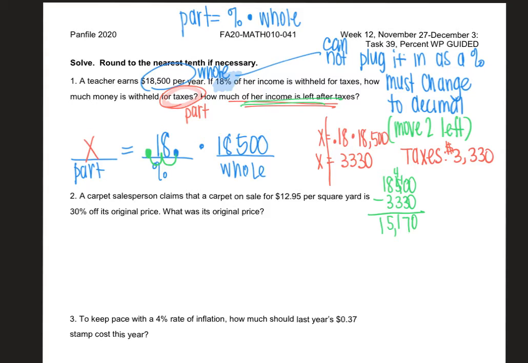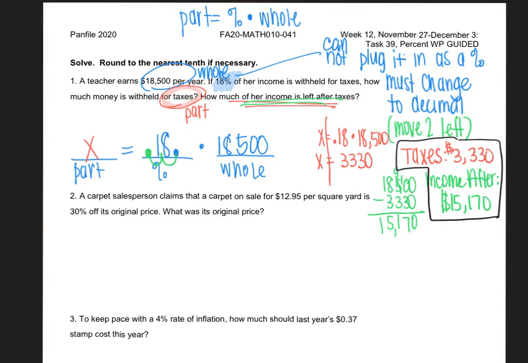So income after taxes is $15,170. So our two answers are that her taxes cost her $3,330 and her income after taxes is $15,170.